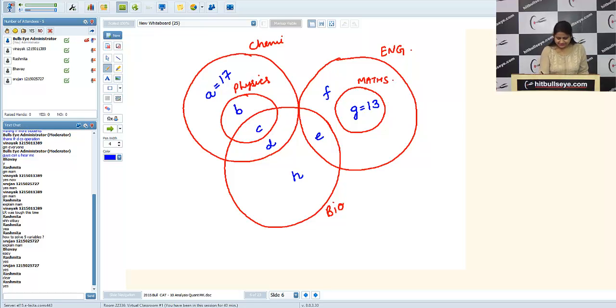Biology is 46. And I'm going to write the condition. Biology. So it will be C plus D plus E plus H. That is 46. Then we have the number of students who passed only in English is 10. Only in English. They are 10. So we know F value.